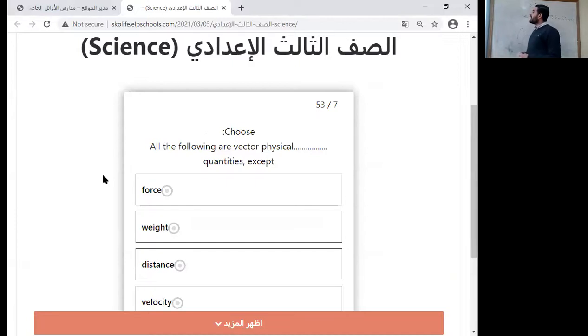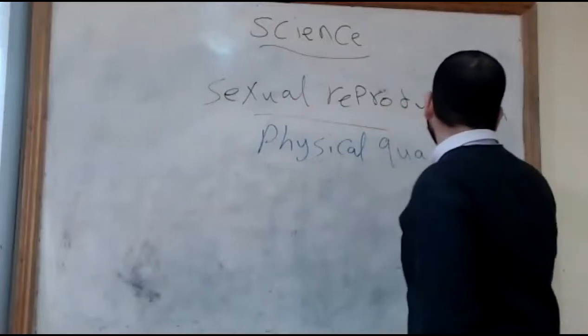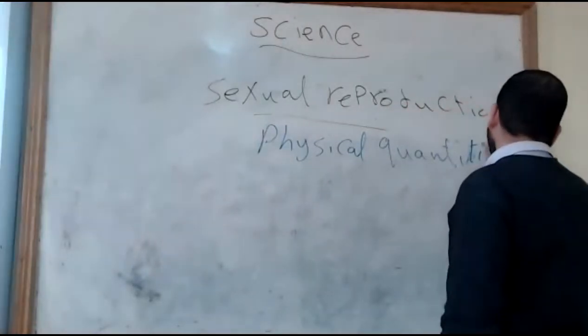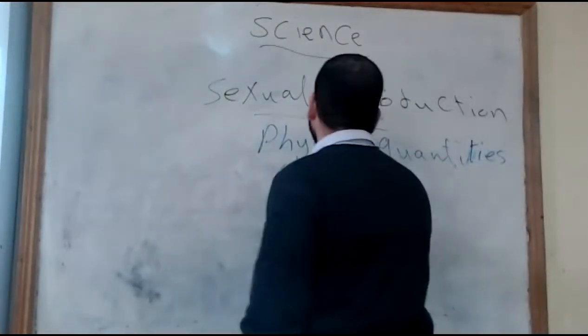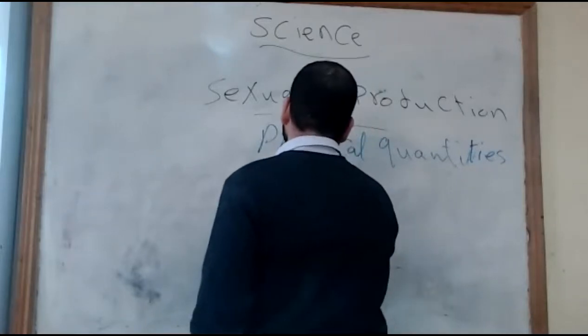All the following are vector physical quantities except. As we know, physical quantities are divided into two types, which are scalar and vector.